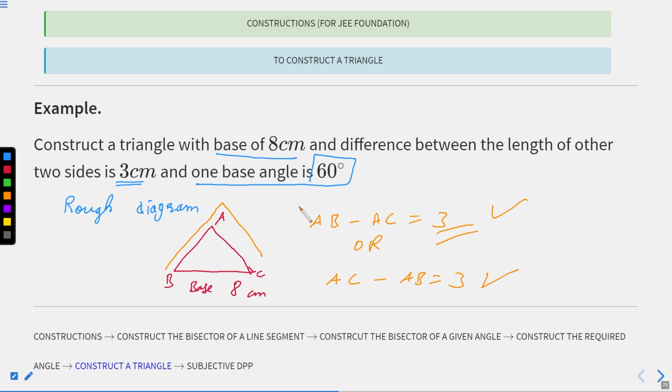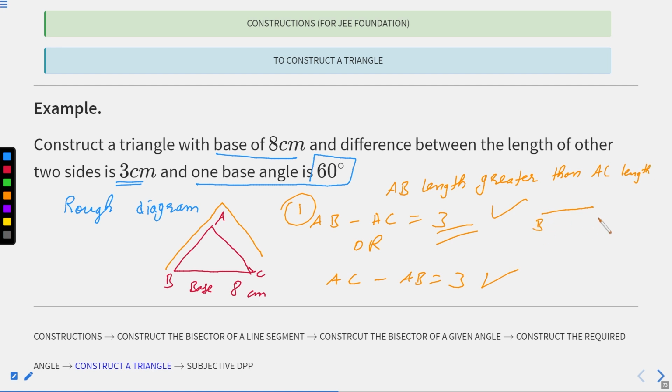So in the first case, our diagram will look like this. We know AB minus AC is equal to 3. That means the length of AB is greater than AC. I hope this is clear.